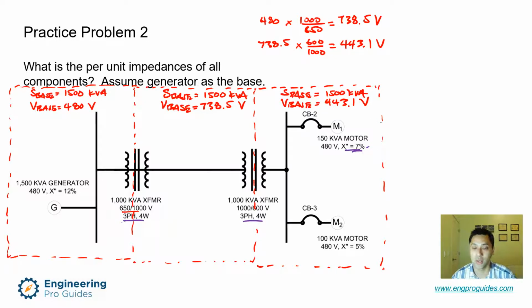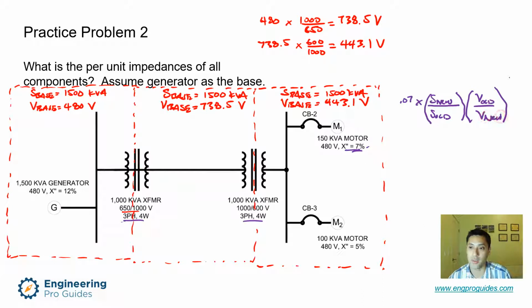So I want to convert that 0.07 times S new base over S old, and then V old over V new squared. So this 0.07, its old base, what it was based upon, is the rated values of the motor.